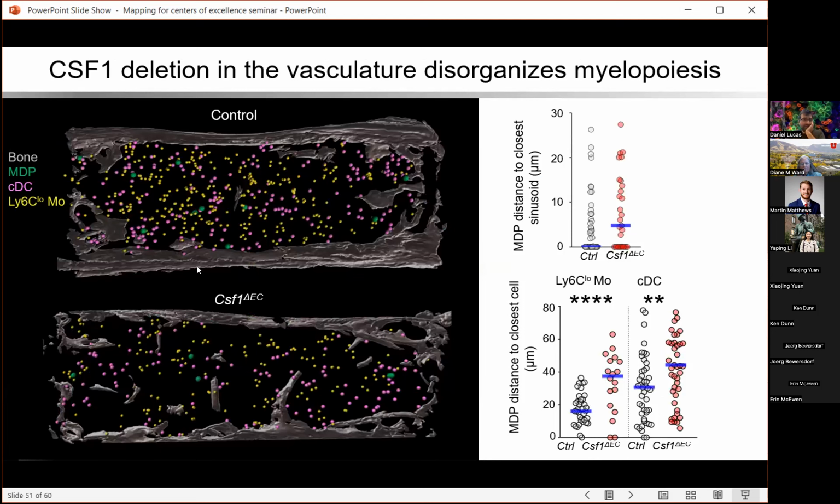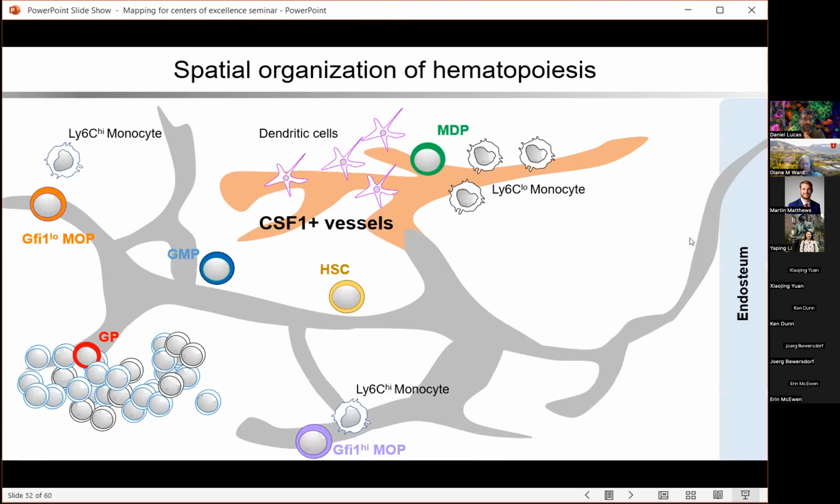So when you delete CSF1 in the vasculature, in endothelial cells, you see that these clusters disaggregate. The monocyte dendritic cell progenitors are no longer attached to the sinusoids. The non-classical monocytes separate from each other, the dendritic cells separate from each other.